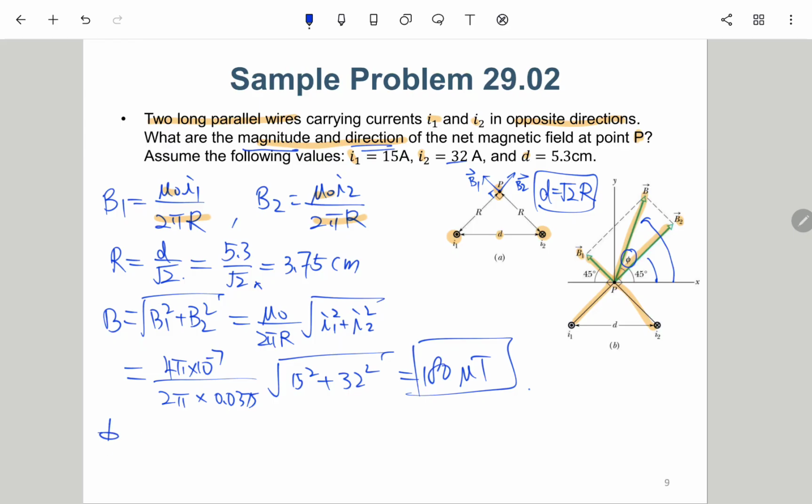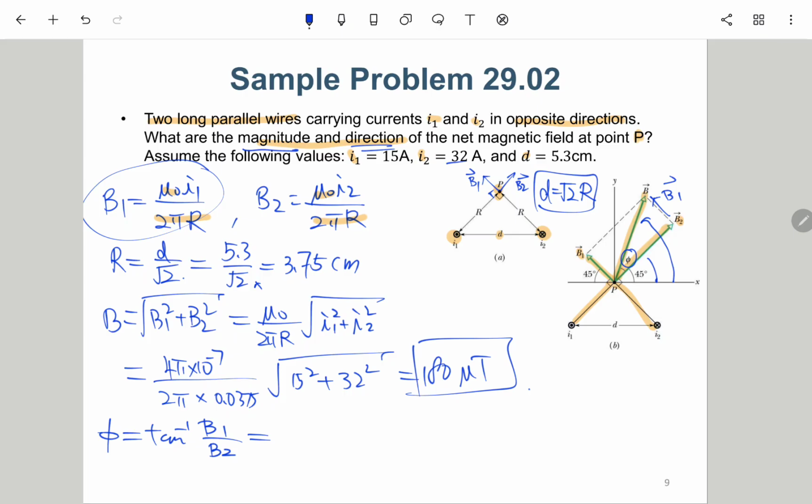Phi will be the arctangent of, this is B1, so B1 over B2. This is a whole big thing, and this is also a whole big thing.